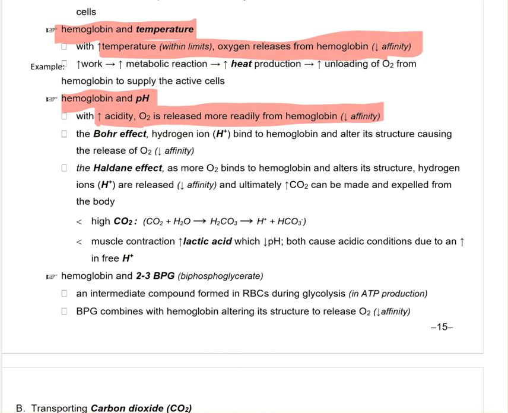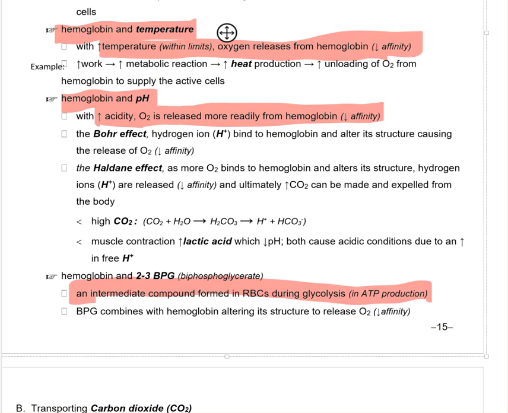There's one other thing here. Hemoglobin and 2,3 BPG, which is bisphosphoglycerate. Sometimes it's DPG, diphosphoglycerate. Same thing, meaning two phosphates on there. It's an intermediate compound. This is not shown in any of the figures we're about to do, so that's why I'm adding it in. It's an intermediate compound formed in red blood cells during glycolysis, which is during ATP production, right?